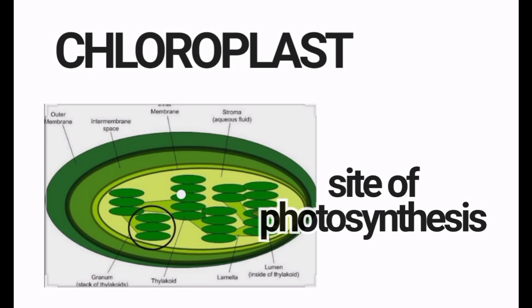The green pigment, chlorophyll, helps the process of photosynthesis. It uses the sunlight and carbon dioxide to produce the sugar, or the glucose, which is stored as starch for the use of the plant and other animals which eat these plants.